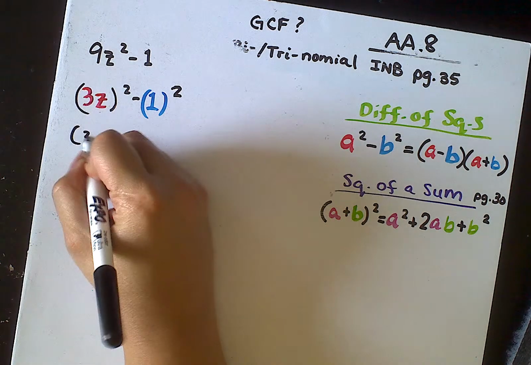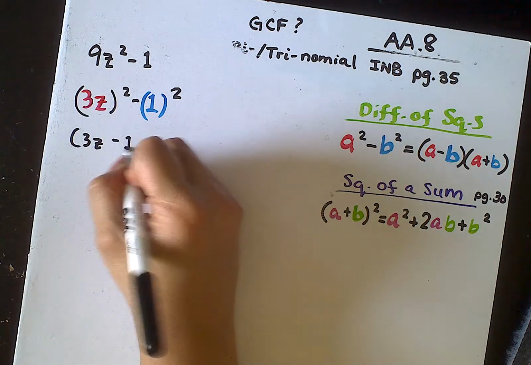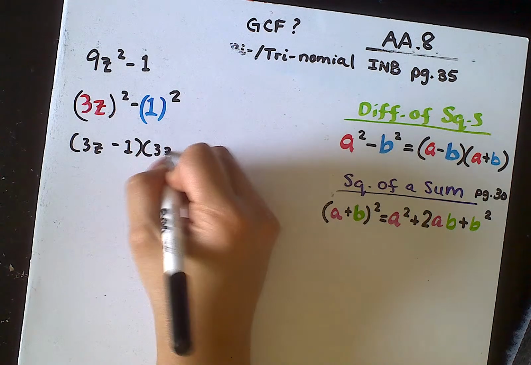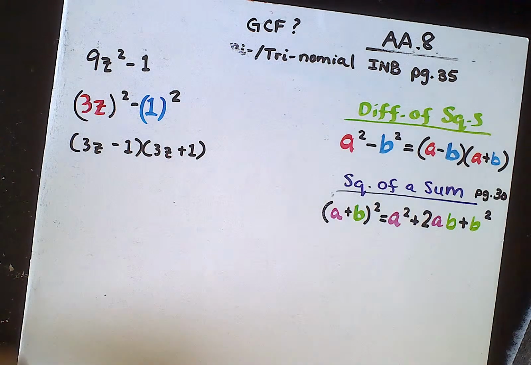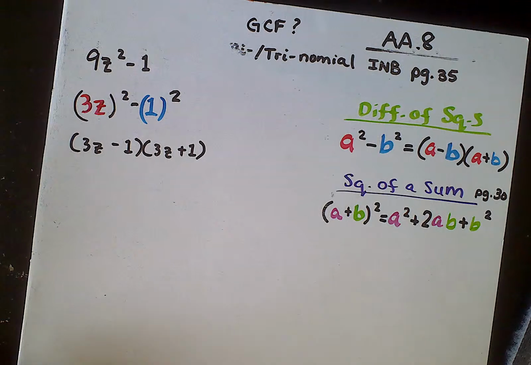So that would be 3z minus 1 and 3z plus 1.